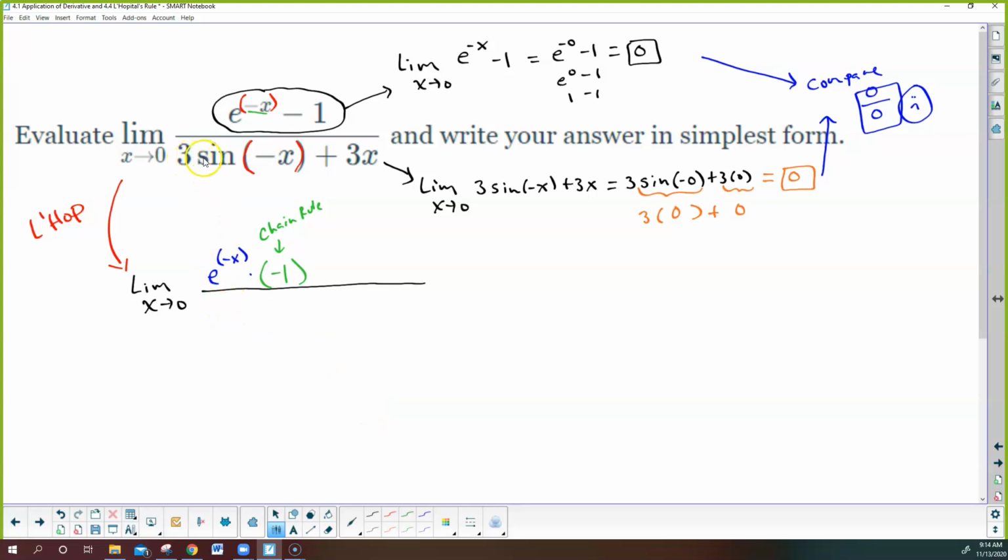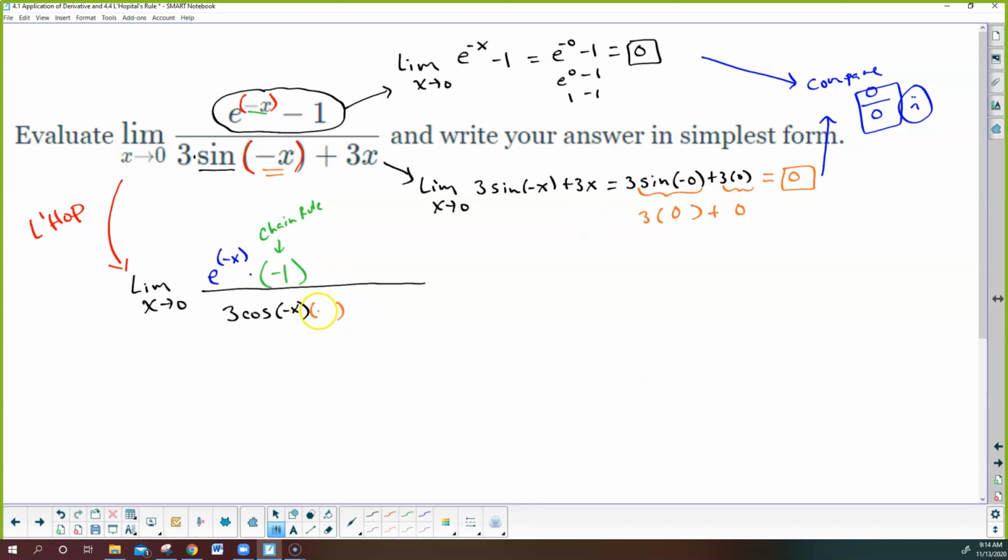Then we've got 3 times sine of negative x. I got to find the derivative of this piece. Well, the derivative of sine, the 3 is just a multiplier, so it's going to stay. But the derivative of sine is cosine. We're going to keep the inside, but then I have to multiply by the derivative of the inside.